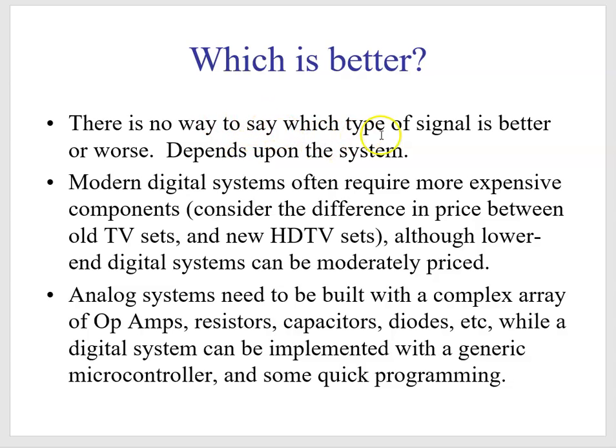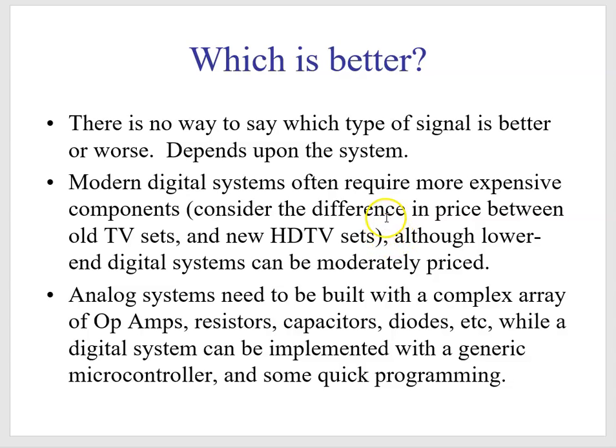So which is better? It really depends on the type of signal, the type of system you're working with. Modern digital systems require more expensive components. This is like comparing old TV sets to new TV sets. If you just look at the price of your iPhone or your Droid phone, they're between $500 and $1,000.